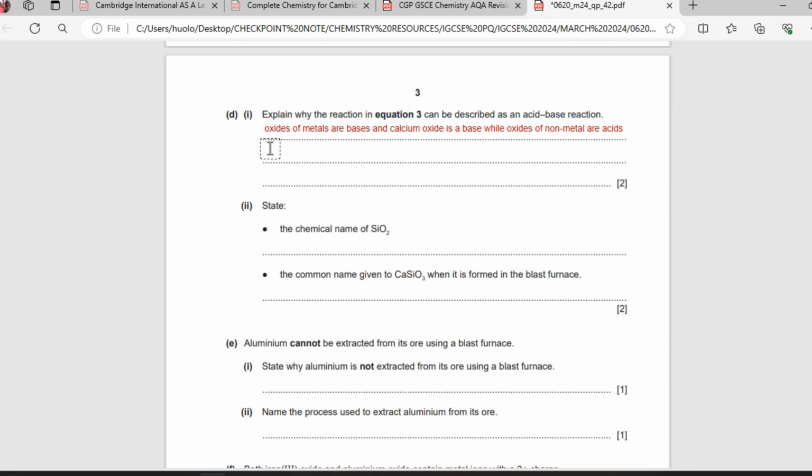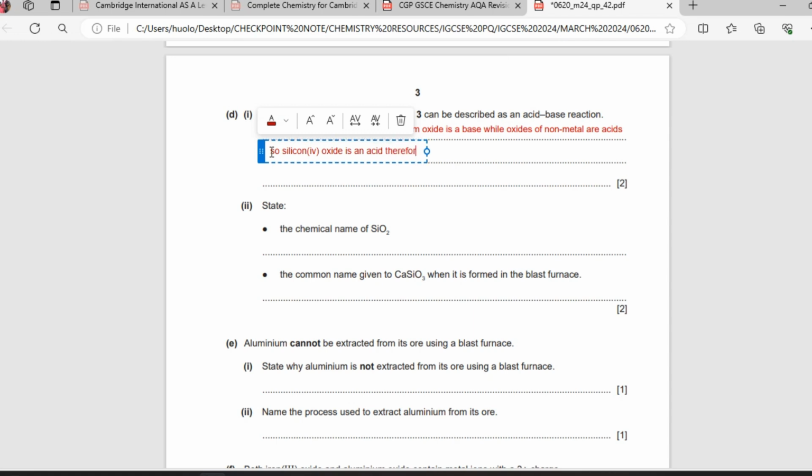Okay, so we are saying silicon 4 oxide is an acid.